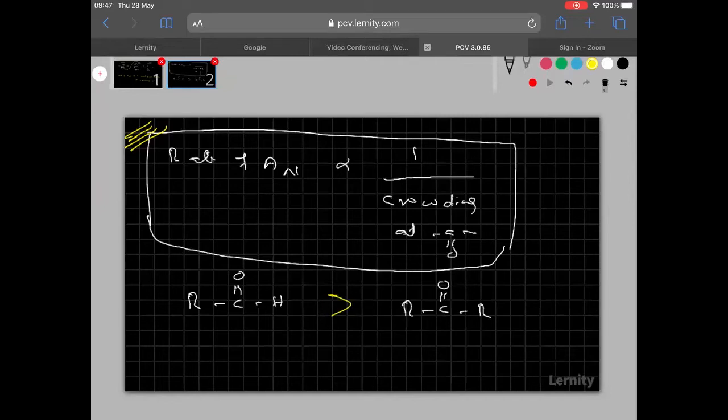Aldehydes are having more rate towards nucleophilic addition than ketones. I hope you are understanding this one.